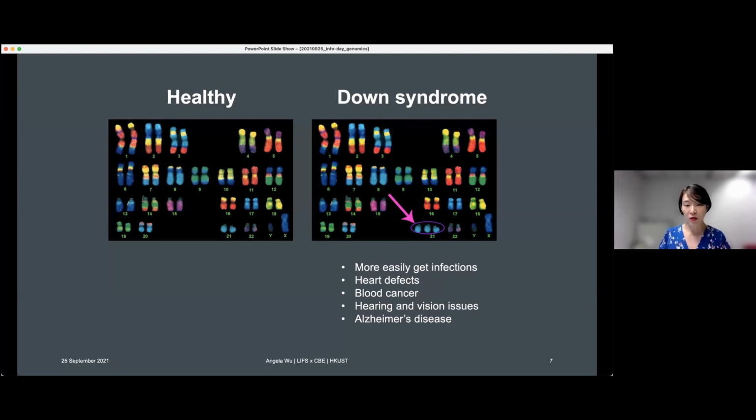And being able to diagnose Down syndrome means that the parents can be prepared right in advance for a child with such issues, so they can have better preparation. And also we can understand the disease better.